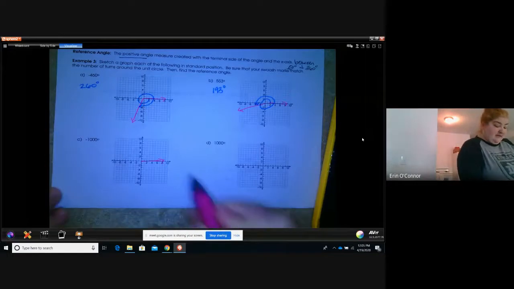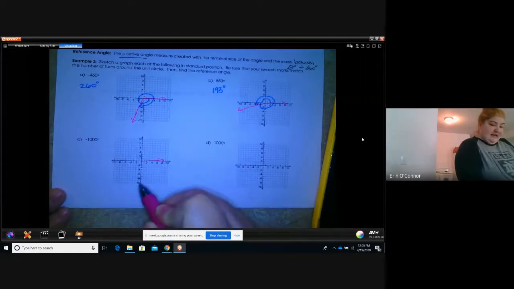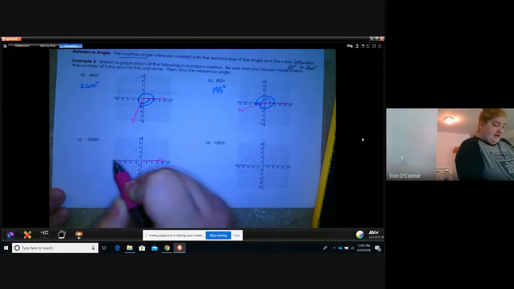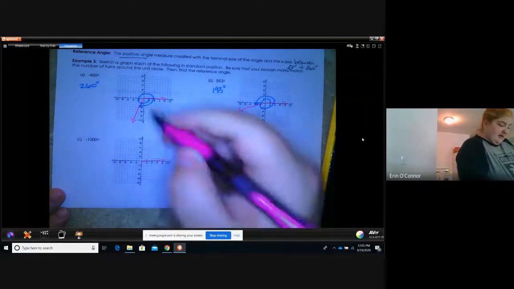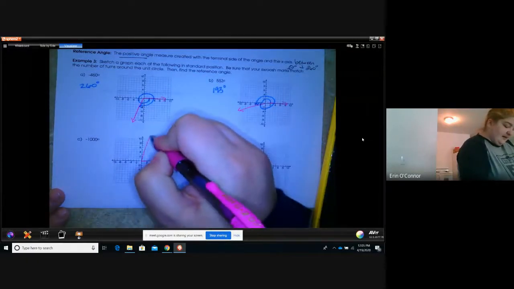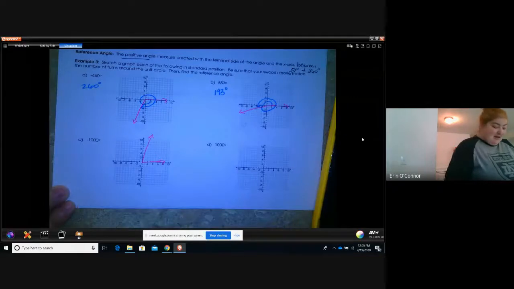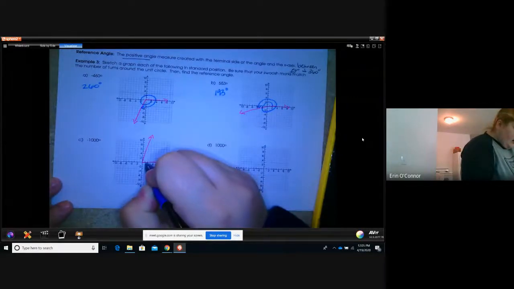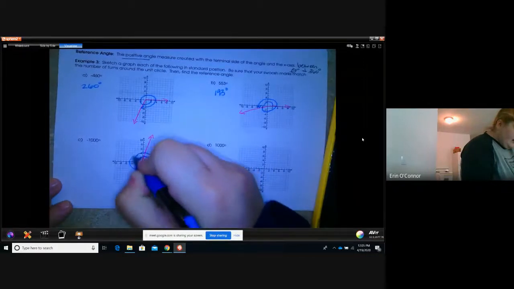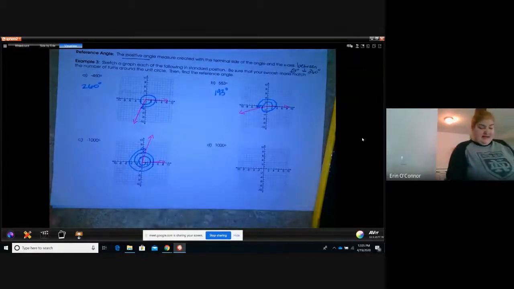So we're going to start at negative 720, negative 810, negative 900, negative 990. So it's just past negative 990. Now I did 2 full ones around, so 1, 2, and then come back up to the angle, and it's negative.